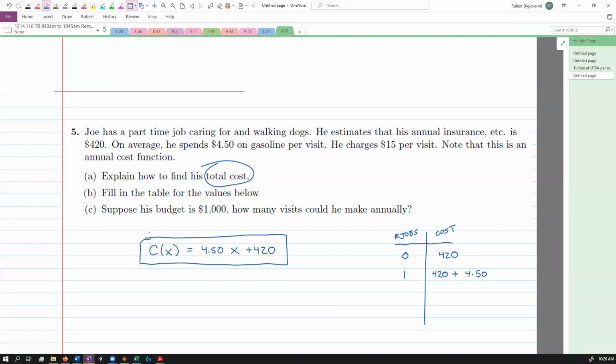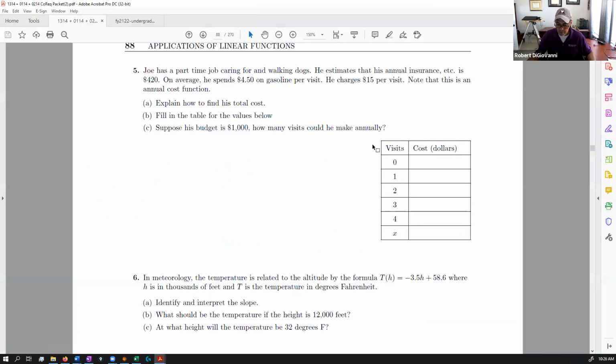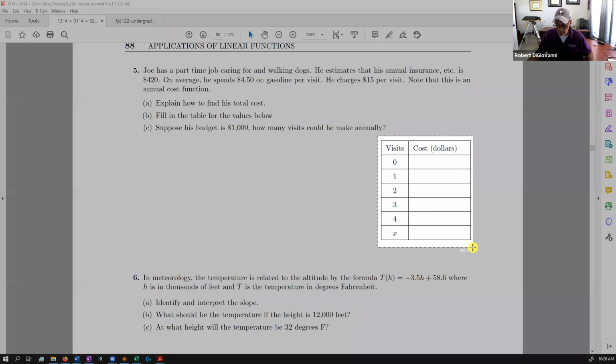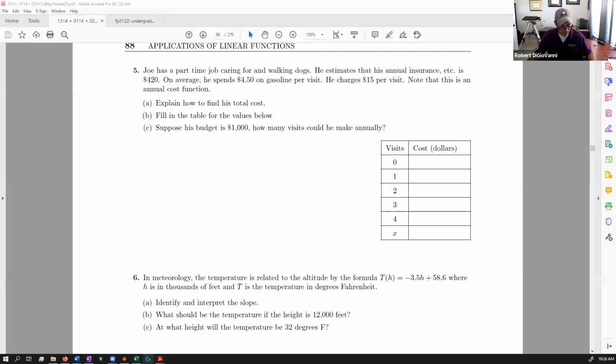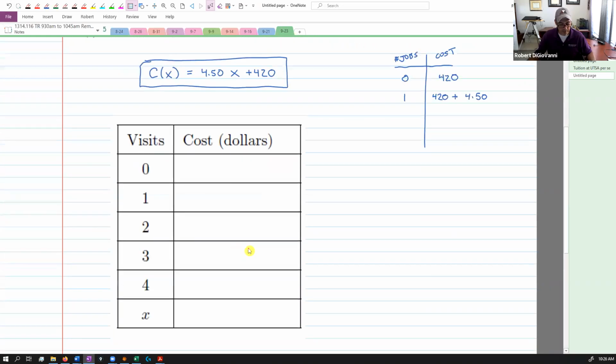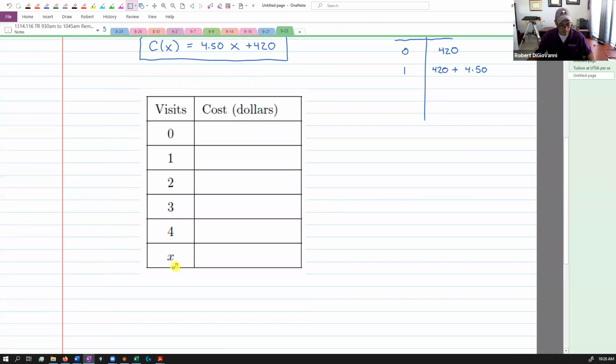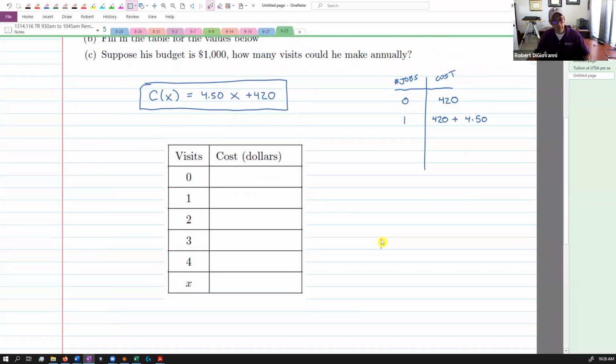Yeah. Okay. Now, it asks us to fill in a table that's on the previous page. Here we go. Let me bring it over here. So they want us to fill out this table, and we have our cost function there. So if we do 0 visits, how much will it cost?